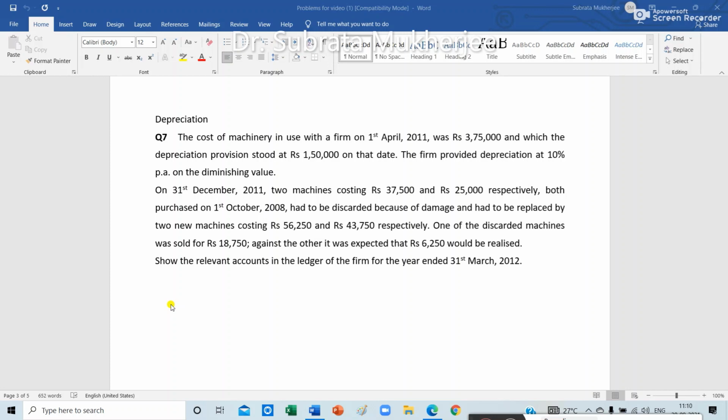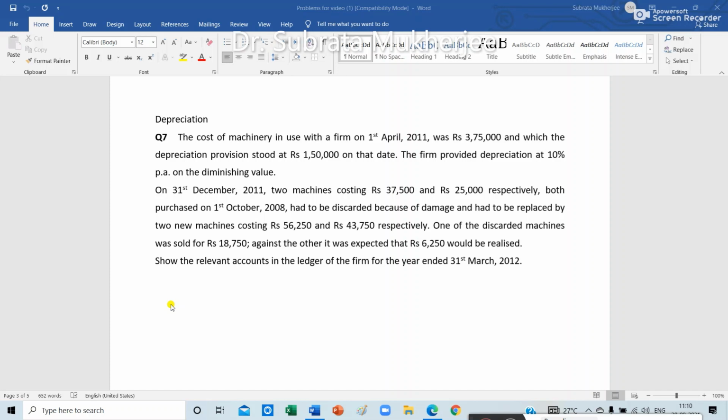Cost of machinery in use with a firm on 1st April 2011 was rupees 3,75,000, against which the depreciation provision stood at rupees 1,50,000 on that date. The firm provided depreciation at 10% per annum on the diminishing value. On 31st December 2011, two machines costing rupees 37,500 and rupees 25,000 respectively, both purchased on 1st October 2008, had to be discarded because of damage and had to be replaced by two new machines costing rupees 56,250 and rupees 43,750 respectively.